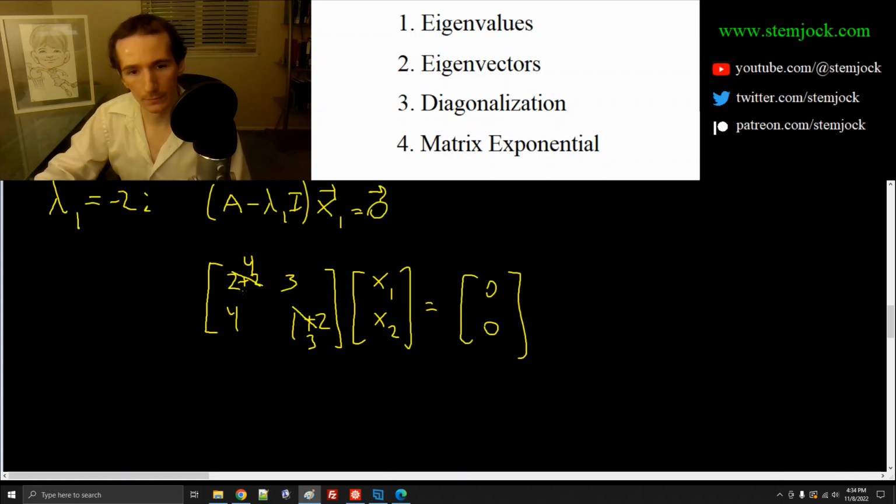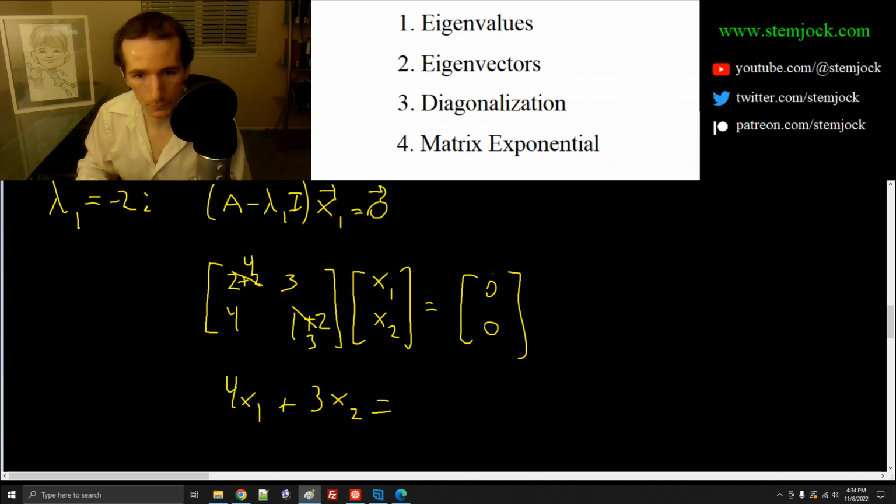So if I multiply these two matrices on the left here, I get the same equation on top as I do on the bottom. So this is going to be 4 times x1 plus 3 times x2, and this is equal to the 0 on the top here, so equal to 0.